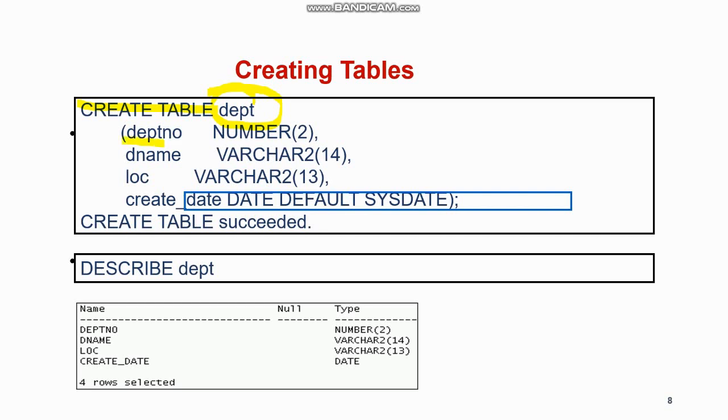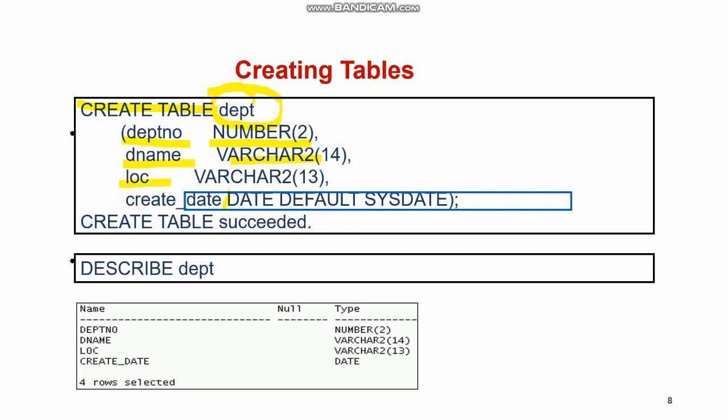The first column is department number, the data type is number, and the size is 2. When you're defining a table, you have to give the name of the column, data type, and size. We have the other column names as well. Department name is VARCHAR2 of 14, so the size is 14 and the data type is VARCHAR2, and location is again VARCHAR2 of 13. So this is how you can create a table.